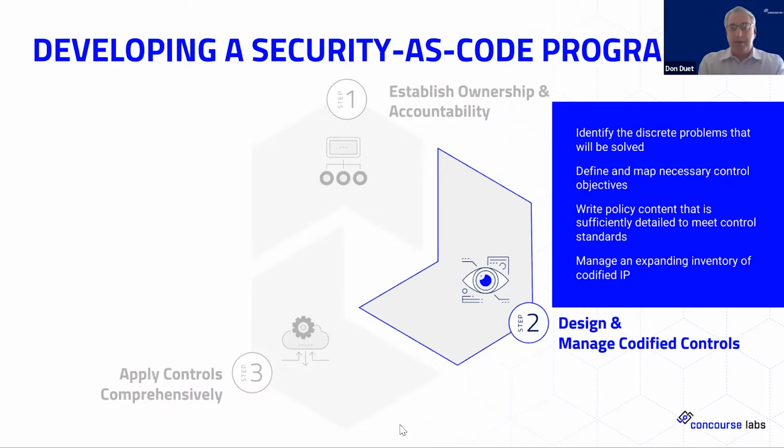It's very important to maintain a separation of content, so a control catalog, which ultimately is your definition of control, and then the relationship of those control catalogs directly to the security as code software that's actually implementing them.